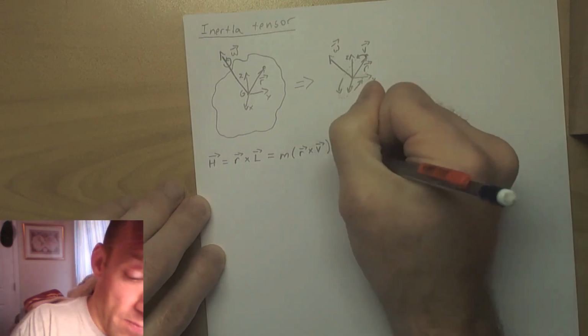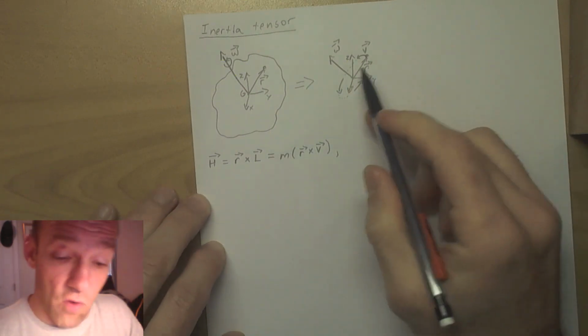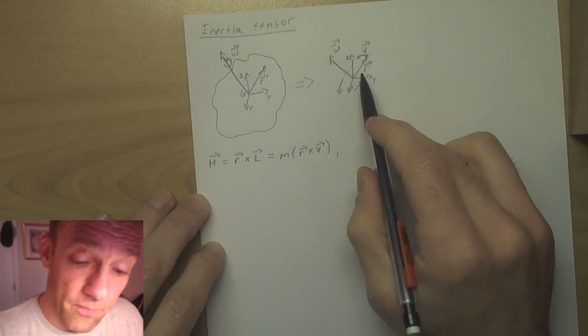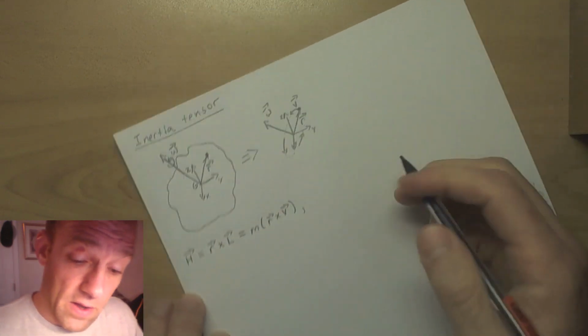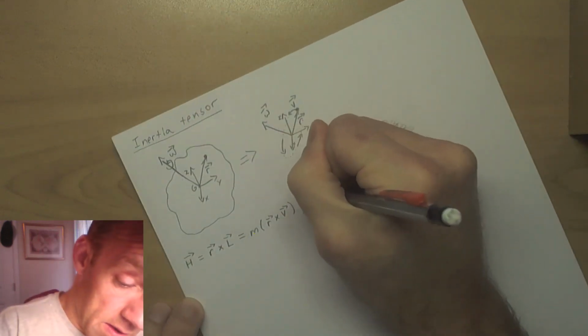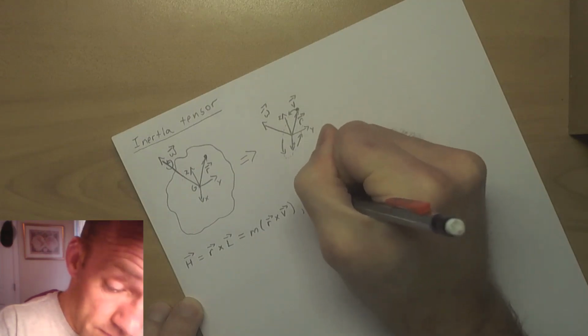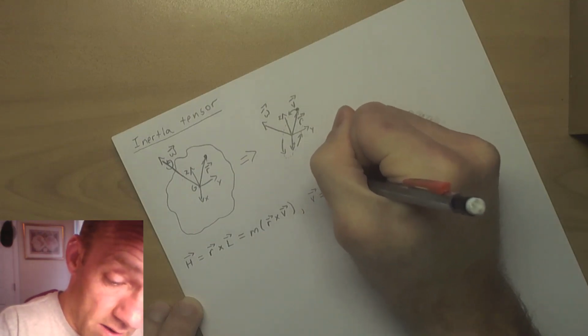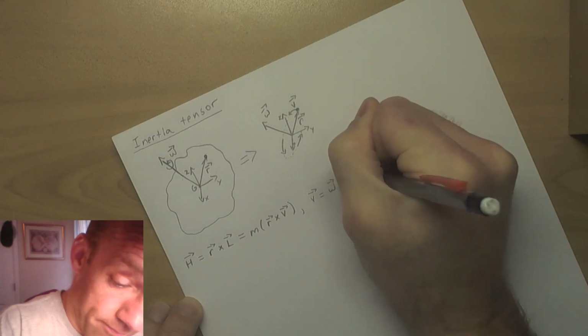And in the case of rigid body rotation, if you recall, the velocity is going to be omega cross r.